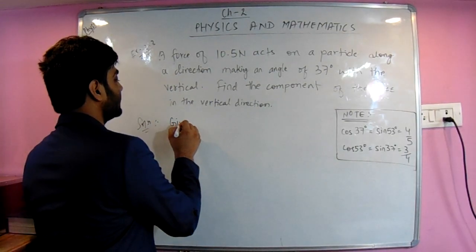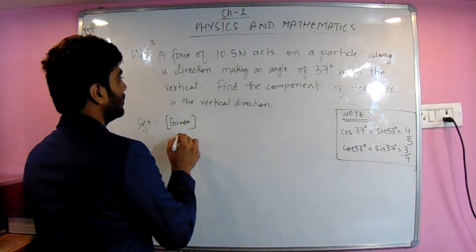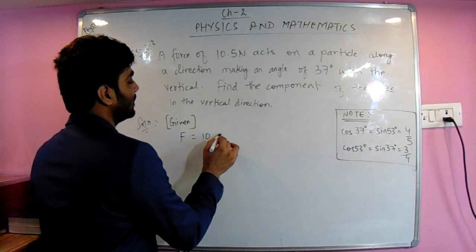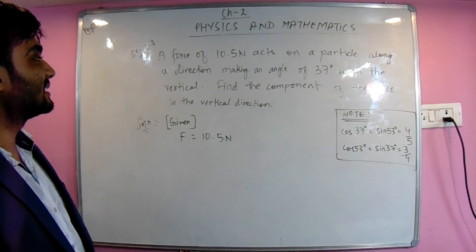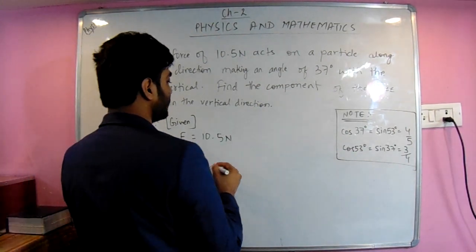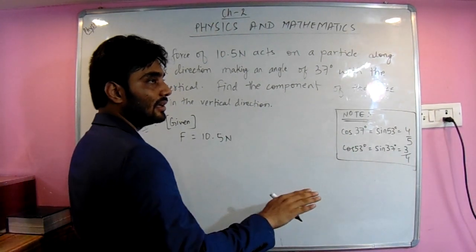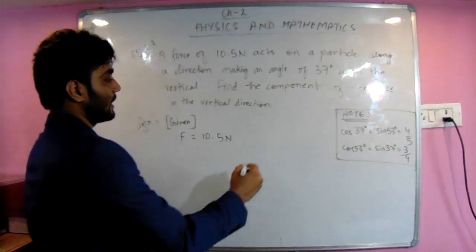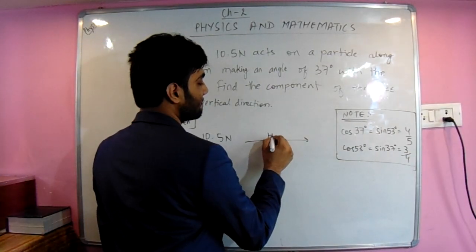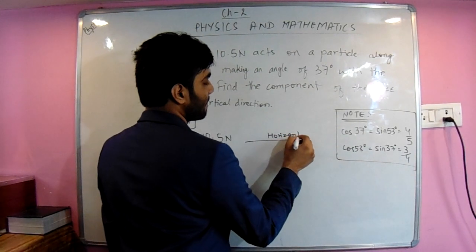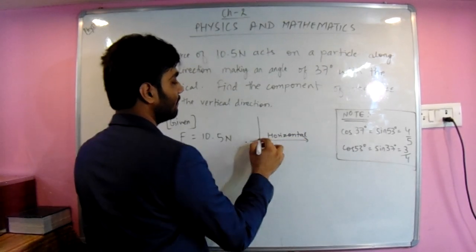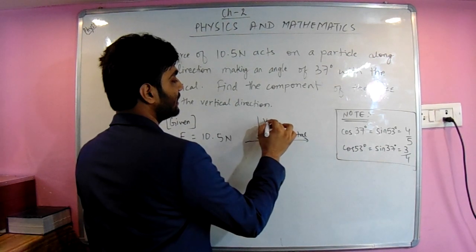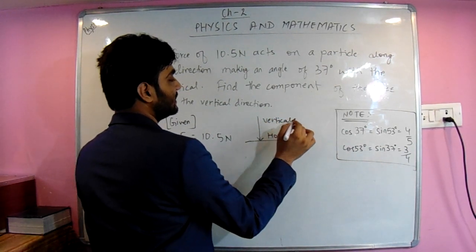It is given that a force of 10.5 Newton acts on a particle along a direction making angle 37 degree with the vertical. Okay. Horizontal and vertical are at 90 degree, perpendicular, and vertical direction like this.